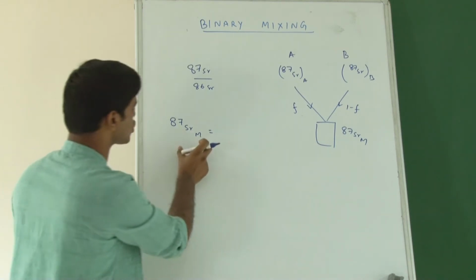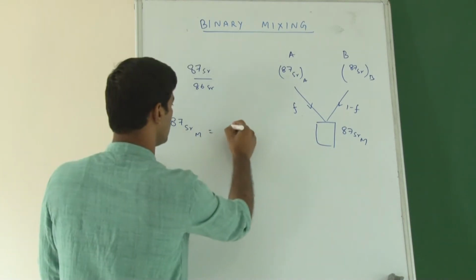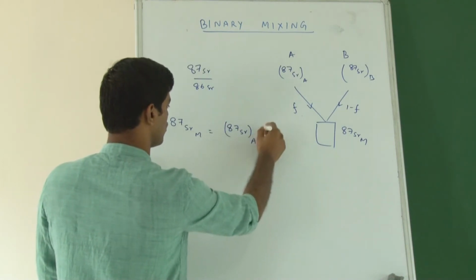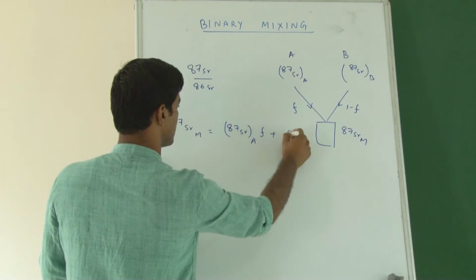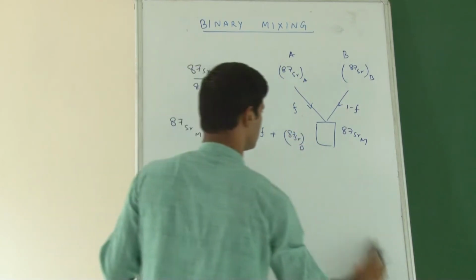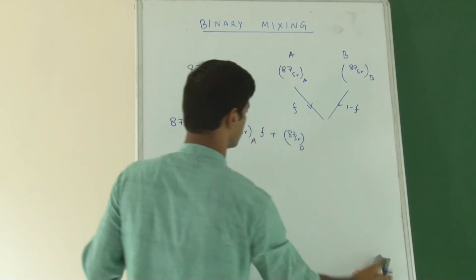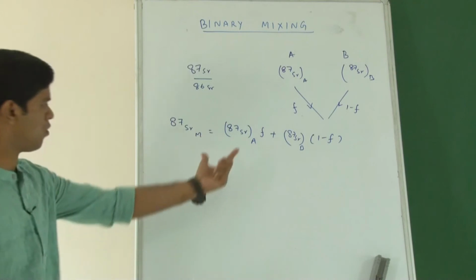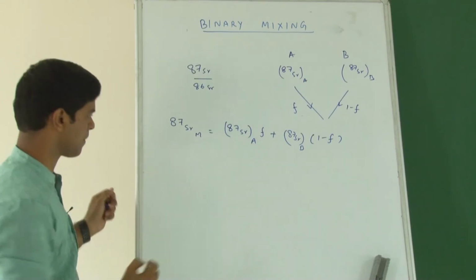So, this 87 strontium mixture will be equal to 87 strontium in A into F plus 87 strontium in B into 1 minus F.